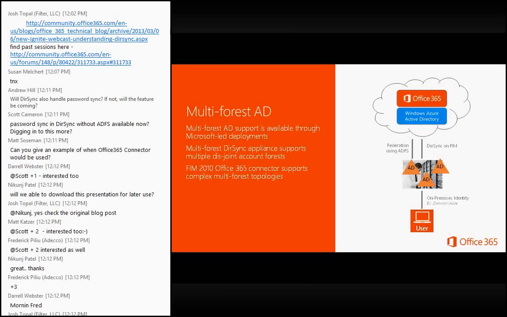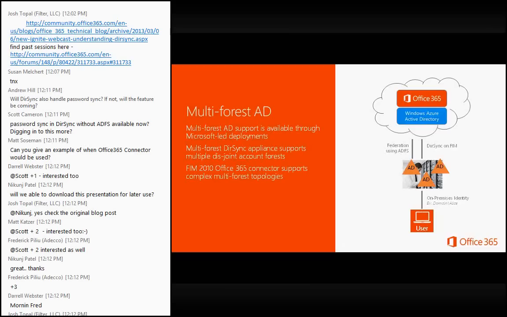From a licensing perspective, you would have to have a FIM server license, and possibly the Visual Studio license for doing things like the coding of the FIM rules. Whereas the standard DirSync appliance that you can download from the Office 365 portal is a free download. So it just depends on the scenario as to whether you have a requirement for multiple forests or not.